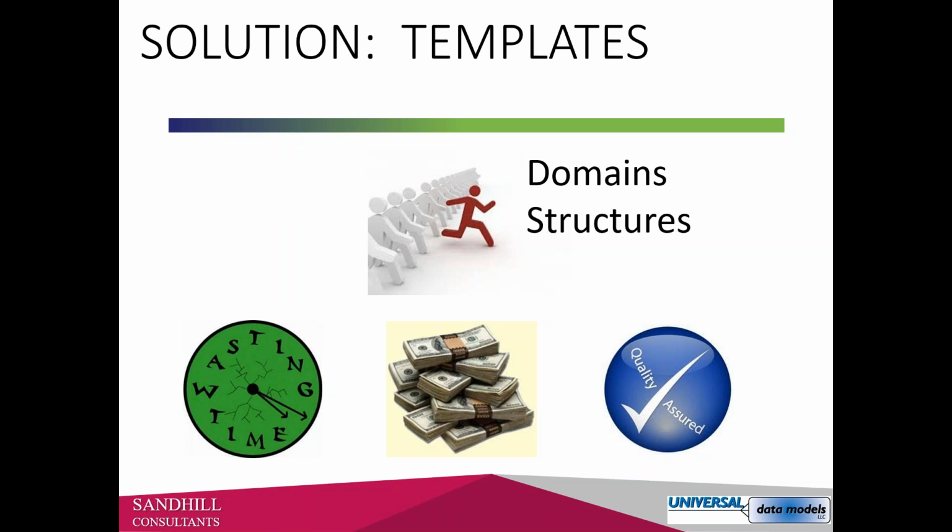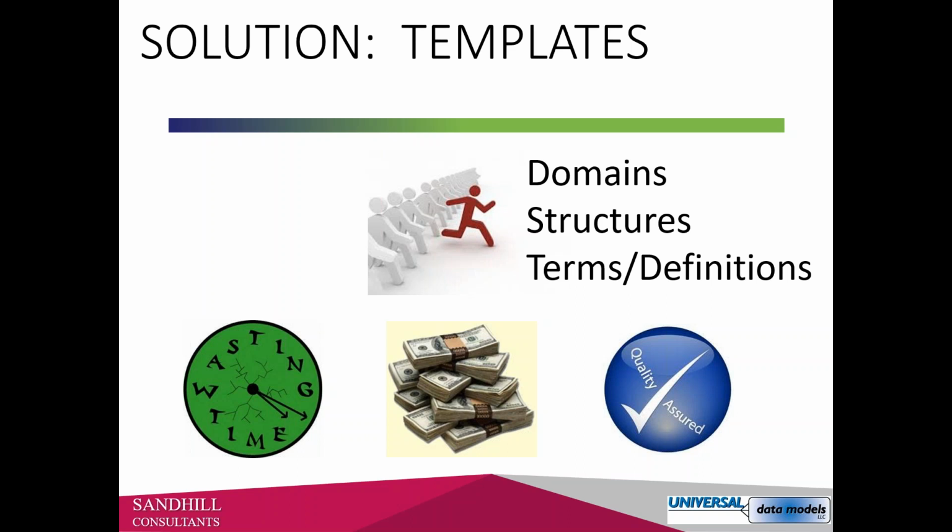There are templates for the structures. Within a high-level domain, like patient in healthcare, or product or part in manufacturing, there are hierarchical structures that we've laid out to give a jump start. And within these structures, there are terms and definitions.